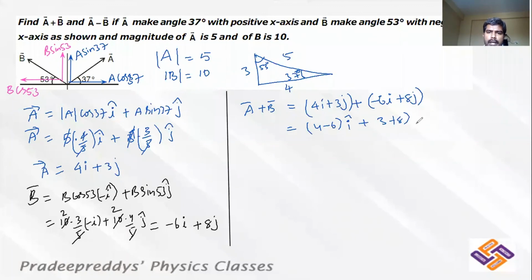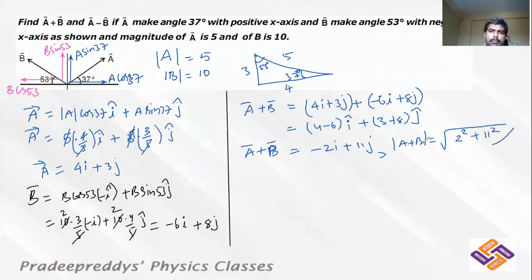This gives you minus 2I plus 11J. This is A plus B. Suppose you are not asked to find magnitude in this question. If you want to find out magnitude of A plus B, then simply you will take under root 2 square plus 11 square. This is magnitude of A plus B.